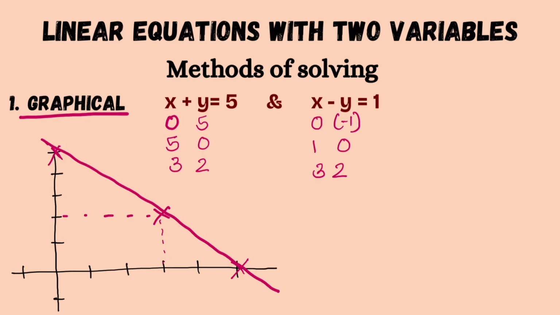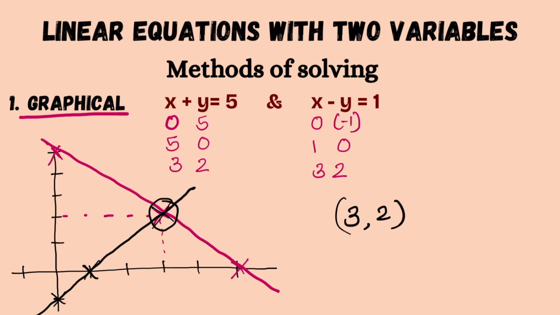Now, let's move to the second equation. The first point is 0, -1. The second is 1, 0. And the third is 3, 2. Once we draw the line, you will see that both the lines are intersecting at one single point.